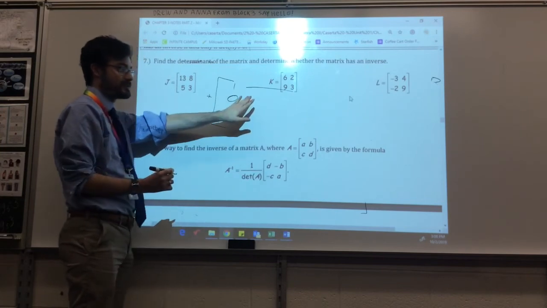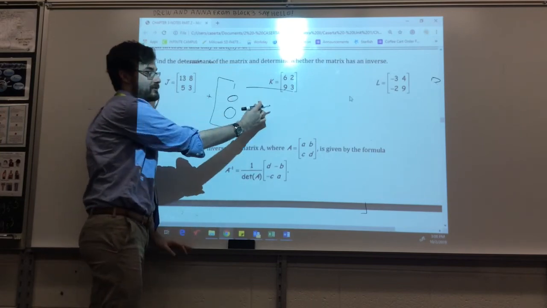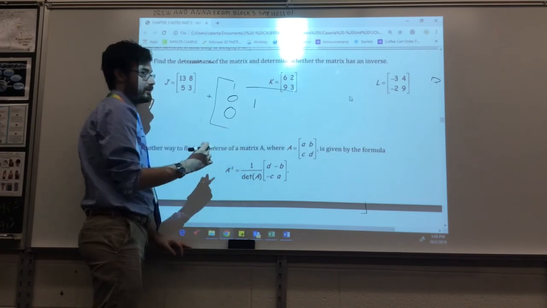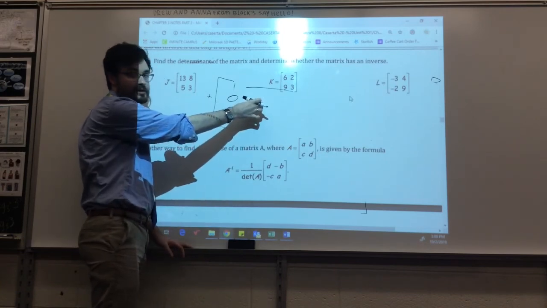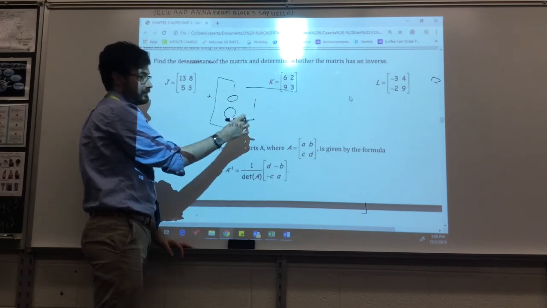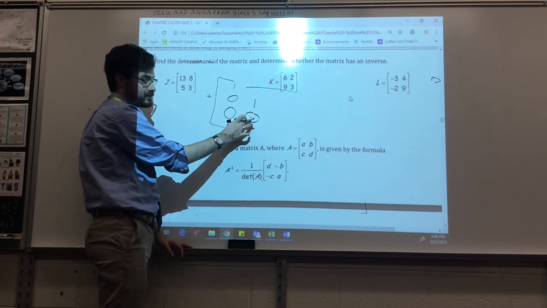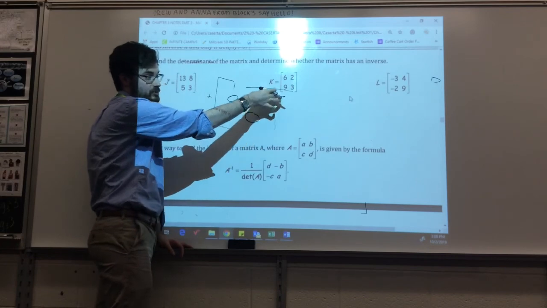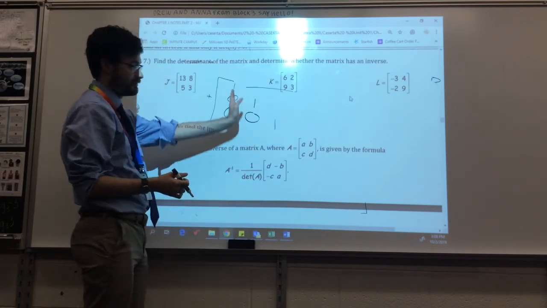My next goal is to get this next one. I want to work down the diagonals, multiply to get this one, multiply it and apply it to the 2 so that I can get a 0 here. Once I have a 0 here, I want to find a 1, multiply back until I get the identity matrix.